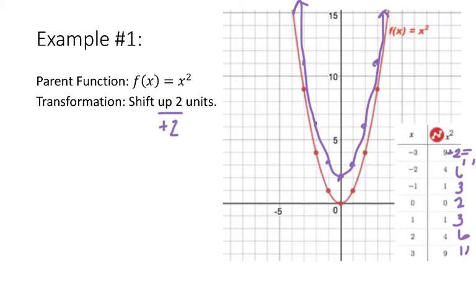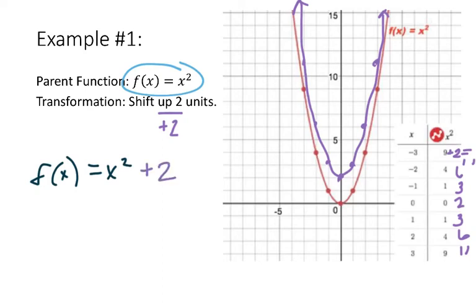Alright, so when it comes to the actual function itself, rather than the table or the image, we are going to take the original function, so we have f of x, and we are going to add 2 to the function. So if we add 2, our new function is just going to become f of x plus 2.